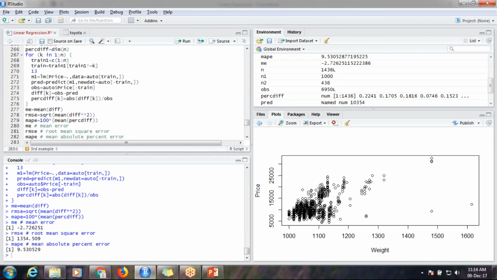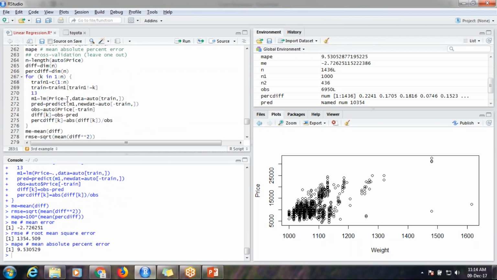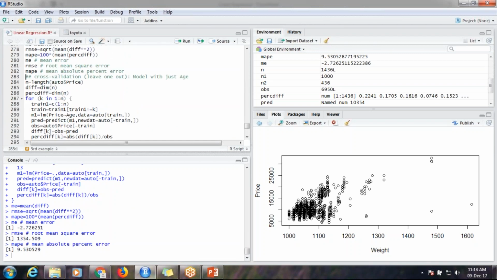So currently I've used all the variables here. And now let me work only with age, because even age was able to explain most of my variance. Even with age I was getting a good correlation. So let me try only with age and try to understand how much error I am getting.